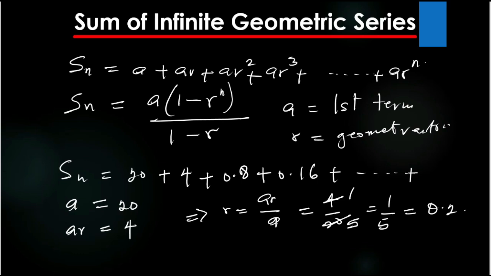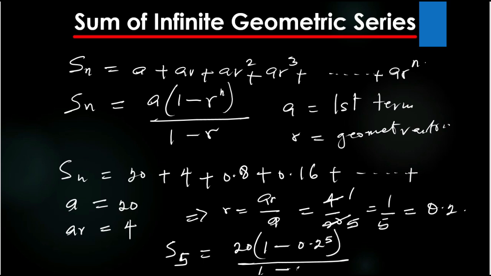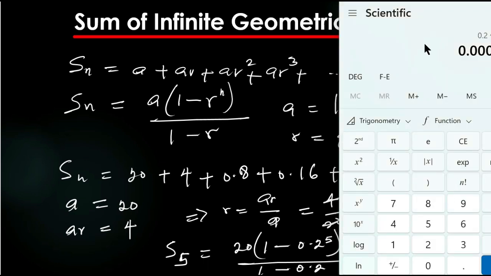Take for example, if I want to look for the sum of the first 5 terms, S5. S5 will be the same thing as a is 20, my r now is 0.2. That will be 1 minus 0.2 raised to power 5 all over 1 minus 0.2. Let's get that with our calculator.